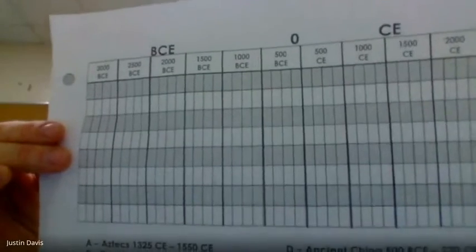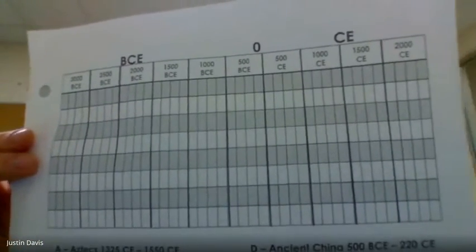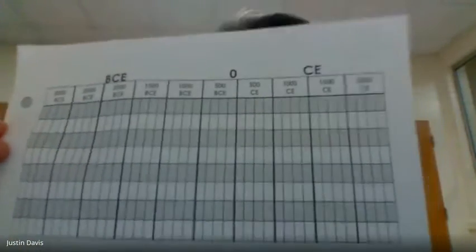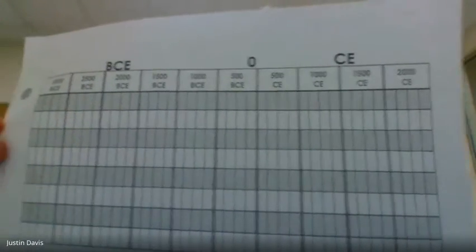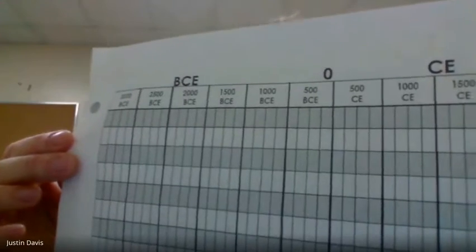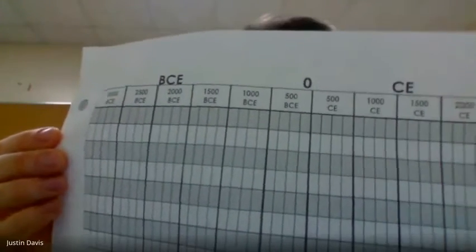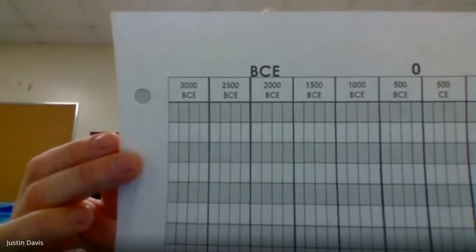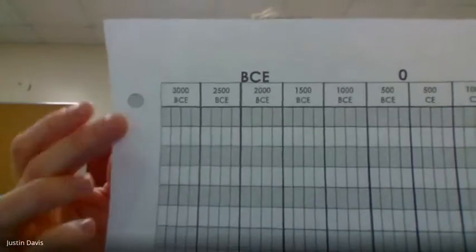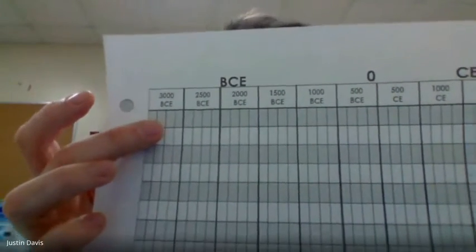So I need to figure out where on my timeline I'm going to start that rectangle. I want to move over to the BCE side because my numbers were in BCE. So I go all the way to the back of my timeline and it says 3000 BCE.